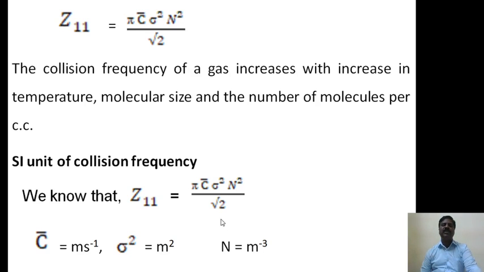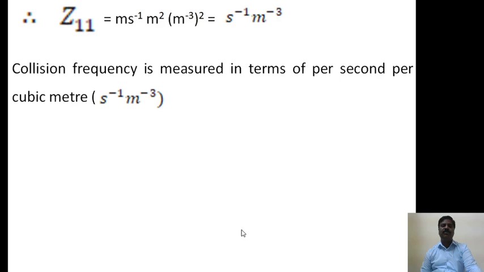After putting these values, we get meter per second, meter square, and per meter cube, and therefore we simply get per second per meter cube. Therefore, the SI unit of collision frequency is per second per meter cube.